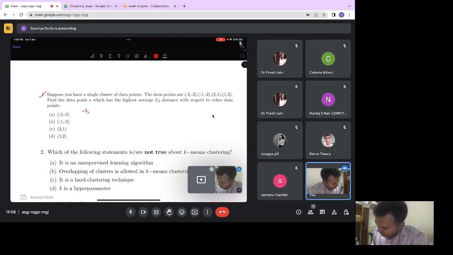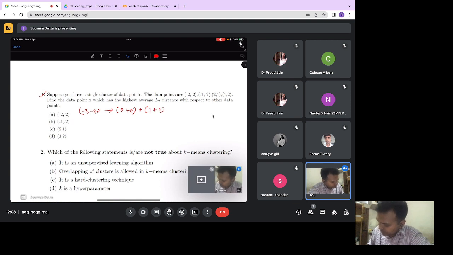So -2, -2, let's say this is my data point. I'll just take the square of the L2 distances, and so the distance of -2 from 2 is 0 plus 0. Then the distance of -2 comma -2 from -1 comma -2 would be 1 plus 0.